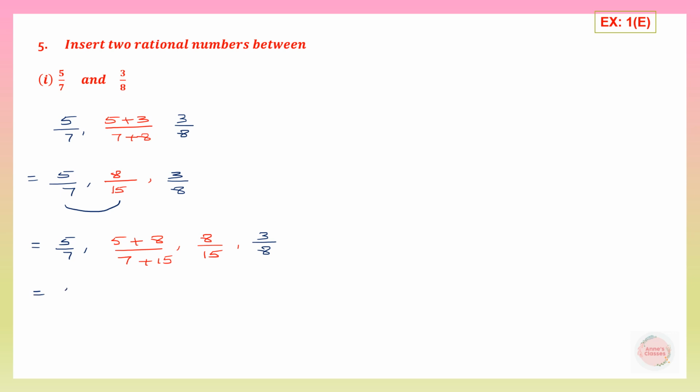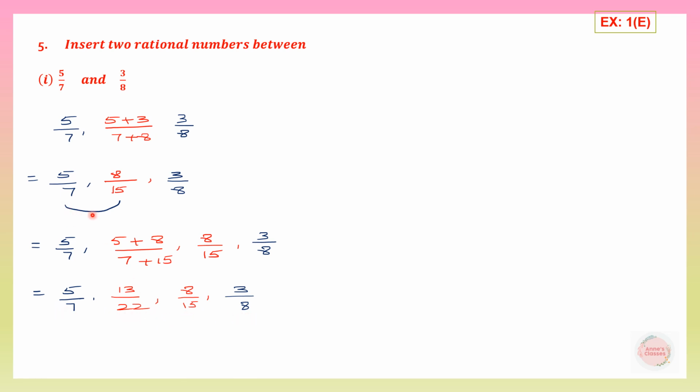So this will be 5 by 7, first one, as it is. 5 plus 8 is 13. 7 plus 15 is 22. Then we have 8 by 15 and we have 3 by 8. So 5 by 7 and 3 by 8 are part of the question, and we had to insert two rational numbers between these two numbers, and we have inserted.